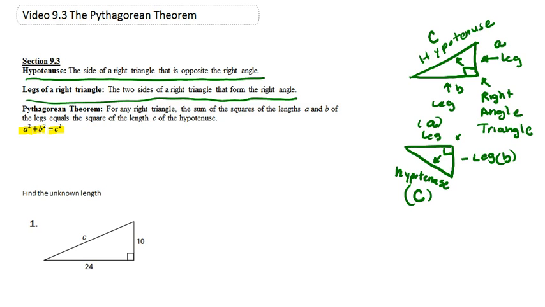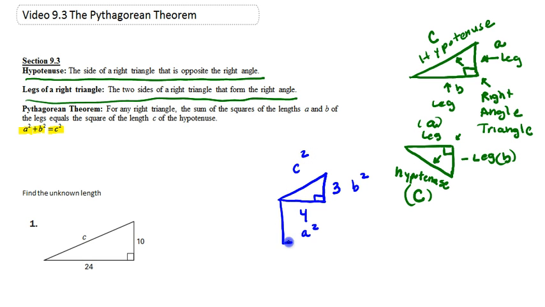Now let's go back and let's think about that. Actually, let's make a new triangle. Okay, let's say this side length is 3 and this side length is 4. If this is true, then a squared plus b squared should equal c squared.